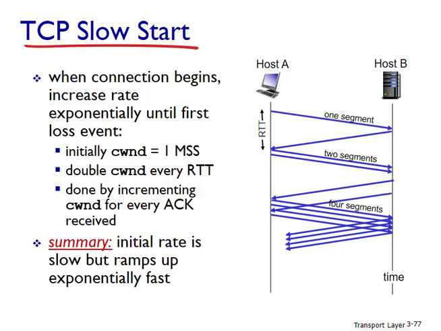These segments are then acknowledged, with the sender increasing the congestion window by 1 maximum segment size for each of the acknowledged segments, giving a congestion window now of 4 maximum segment sizes, and so on. This process results in a doubling of the sending rate every round trip time. So you see, the TCP send rate starts slow, but grows exponentially during the slow start phase.